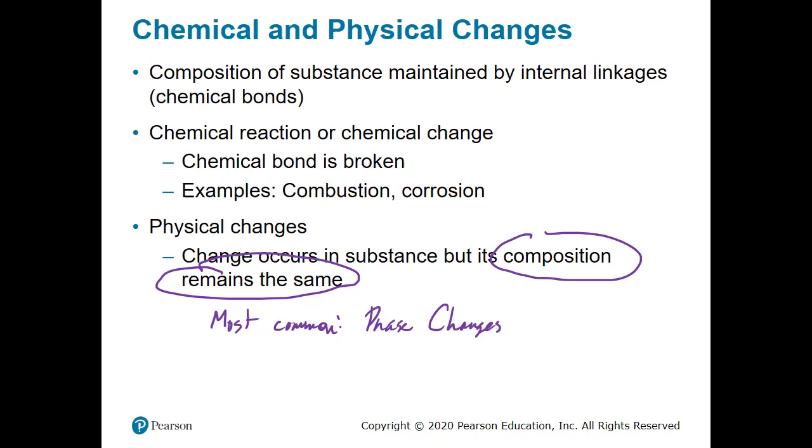Chemical changes, on the other hand, require the breaking of chemical bonds. And when we break chemical bonds, we are going to change the identity of the substance itself. So the substance isn't going to look the same as it once was. It's going to be transformed in some kind of way.